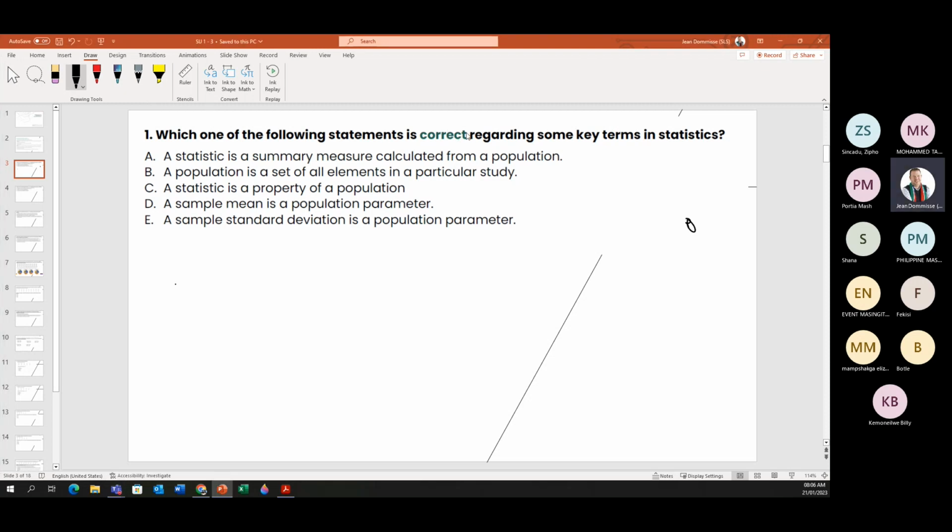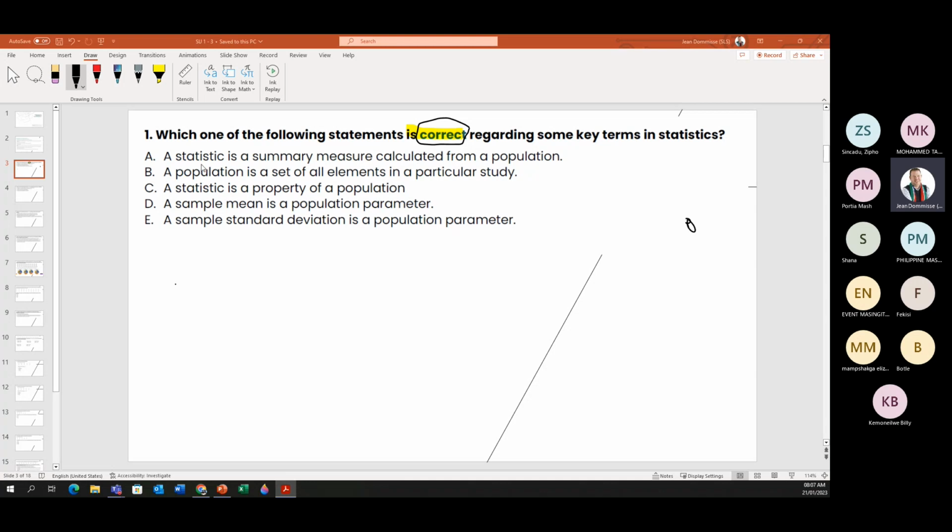You will remember from last year there were a lot of questions that asked for the incorrect one. So it is very important in the exam to really make sure that you read it correctly. Do they want the correct one or the incorrect one? Which of the following statements is correct regarding some key terms in statistics? Let's go through them all and see what we have.